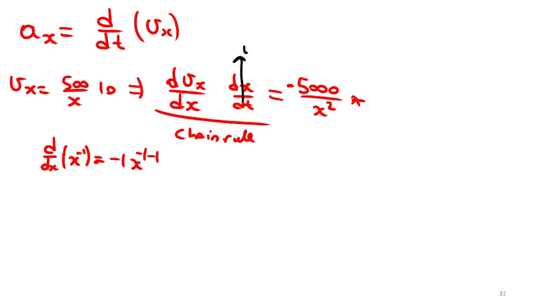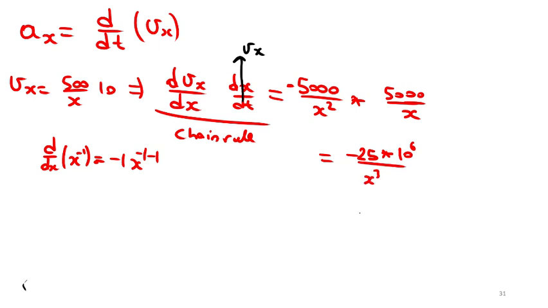This one is the vx. Okay, then it will be 5000 by x. Overall, then, 5 times 5000, that is 25 times 10 to the power of 6, by x to the power of 3.